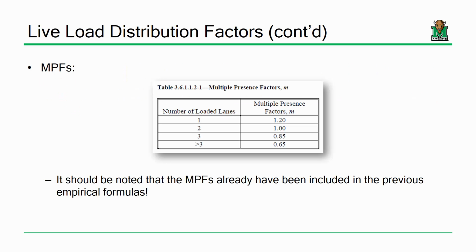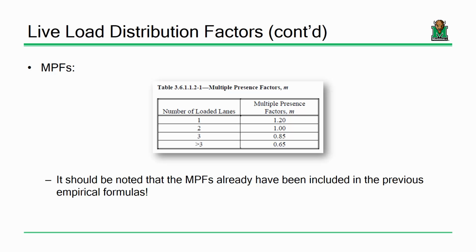all right? And the idea is this, that the spec and most of everything we do is built, or at least somewhat built around 2 design lanes. So the multi-presence factor for 2 lanes is 1. Anytime the number of lanes increases, we drop the distribution a little bit just to account for that probability. Now, if we got 1 lane loaded scenarios, we up our distribution factors 20% just to account for that probability. All right, make sense?